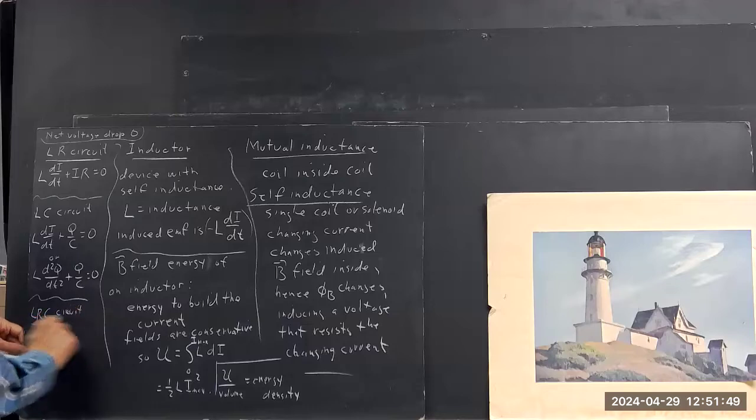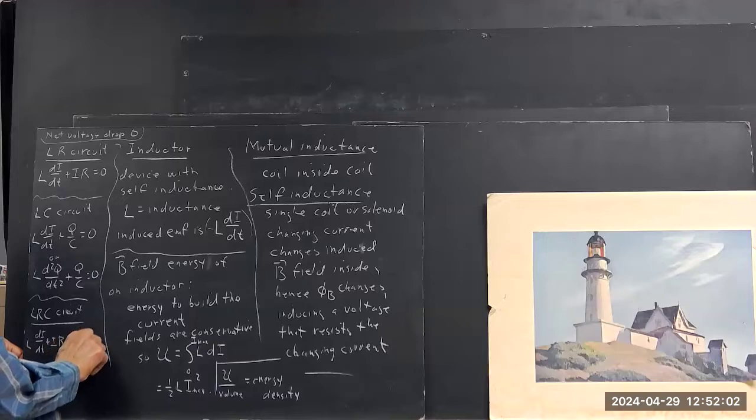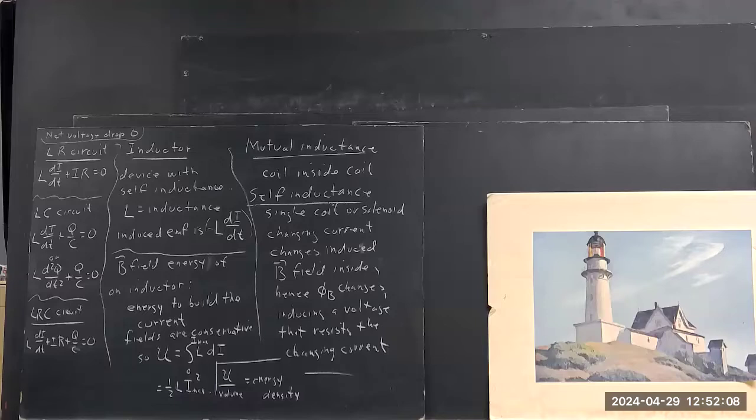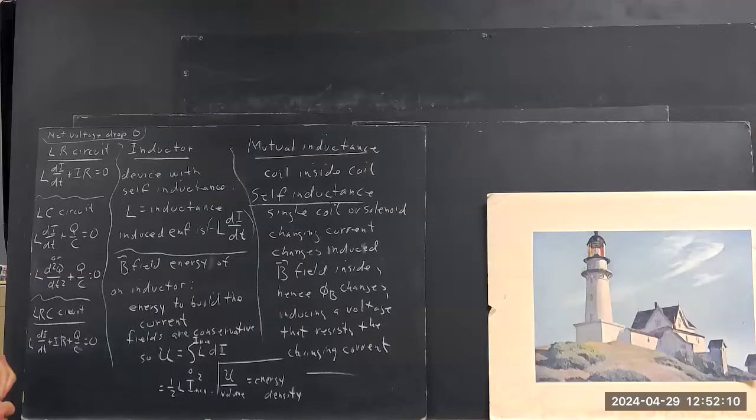The LRC circuit is just a list of voltage drops and if the total voltage is zero, there you have it. As before, we've got I and we've got Q, and we know that I is just dQ/dt.